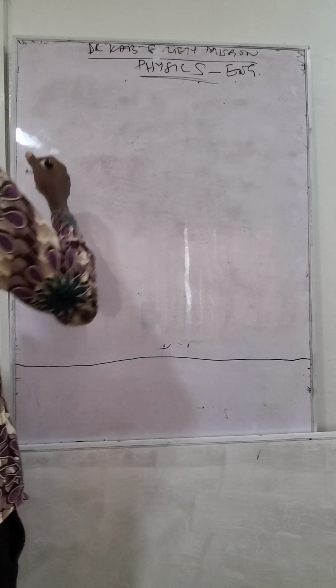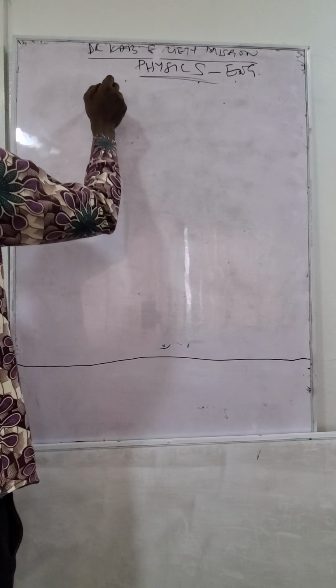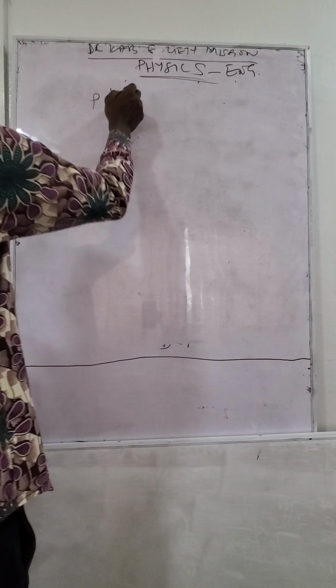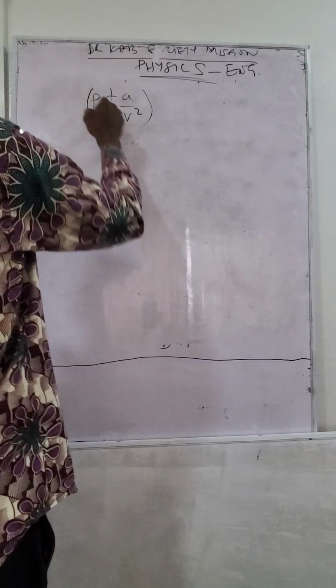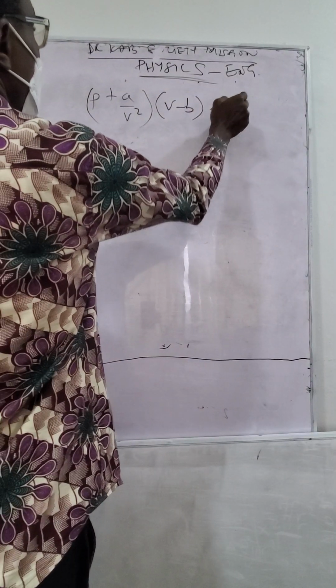So the real gas equation is like this. Now P plus a over V squared, then V minus b is equal to this.